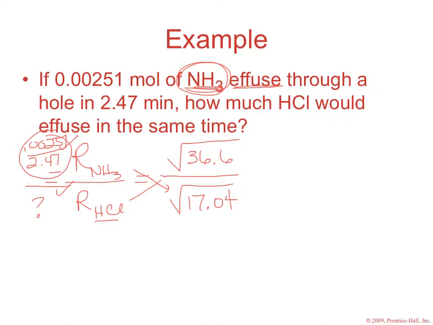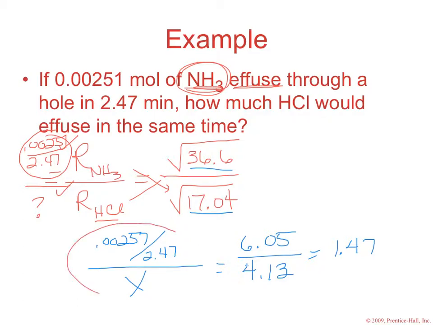So I'm going to rewrite that so it doesn't look quite so sloppy. So what we have so far, I'm going to put X for what we're trying to solve. And I'm going to go ahead and take the square root of 36.6 and 17.04.